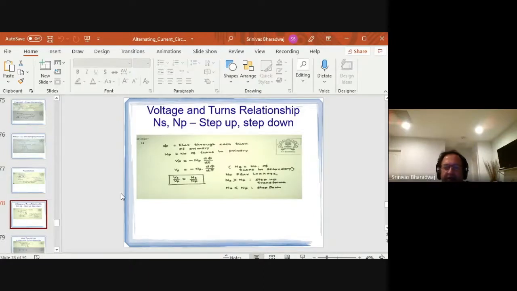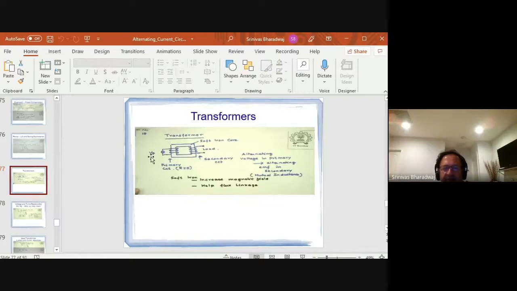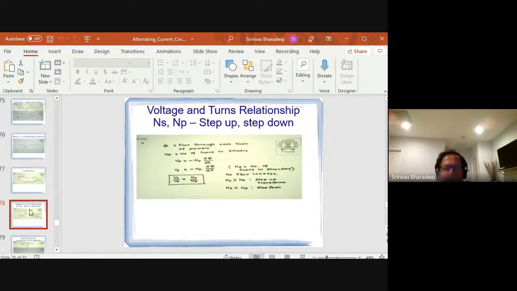Which is S and which is P? This is P, this is S. Primary, secondary. Vs by Vp equals Ns by Np. Right? So remember that.